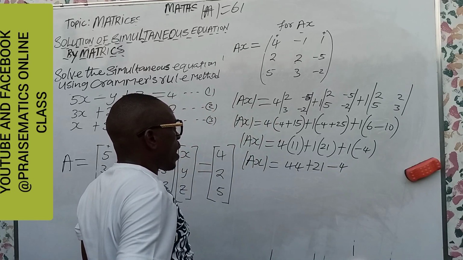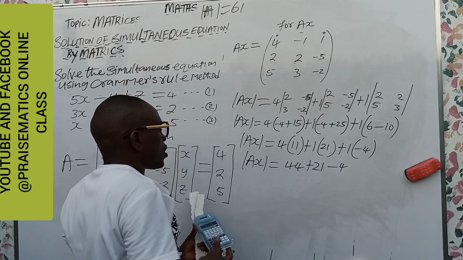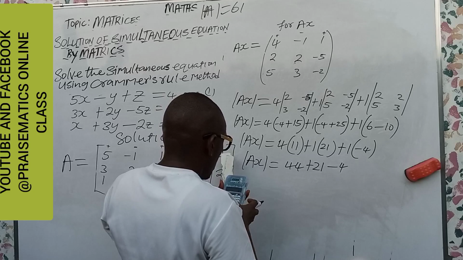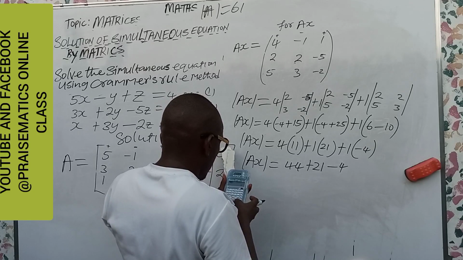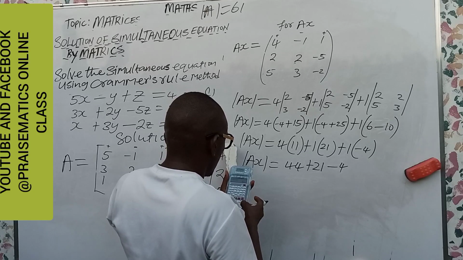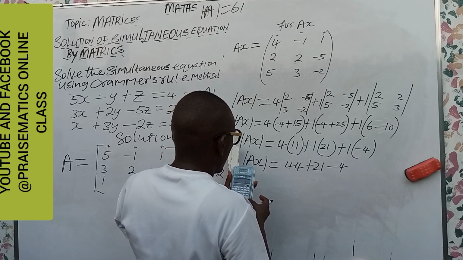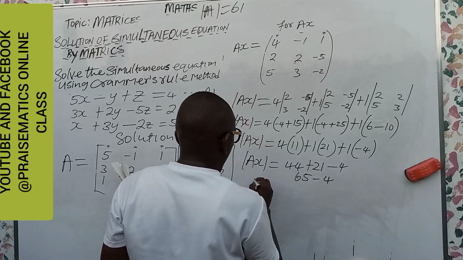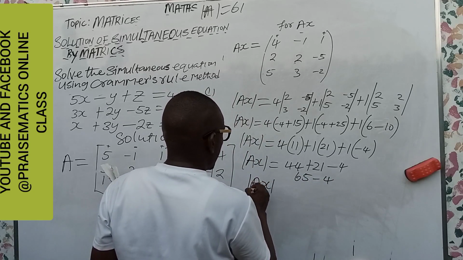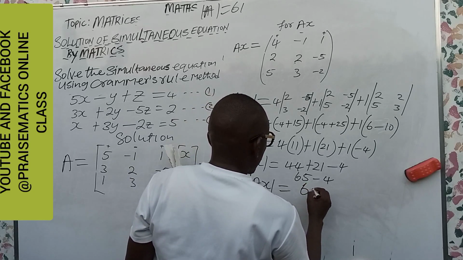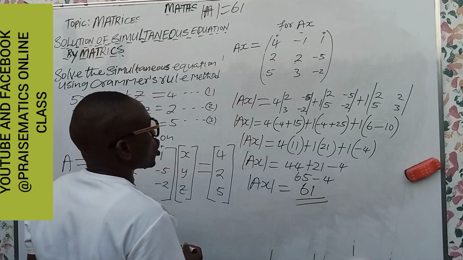Now, if we add this, we are going to get 65 minus 4. So our Ax determinant is equal to 61. And that is it.